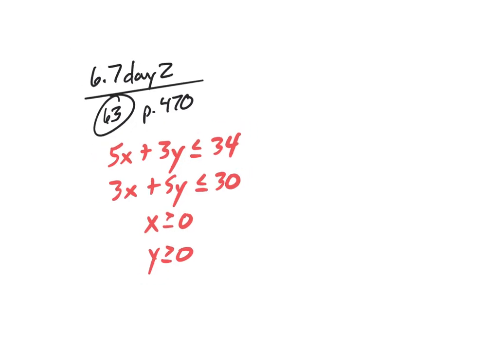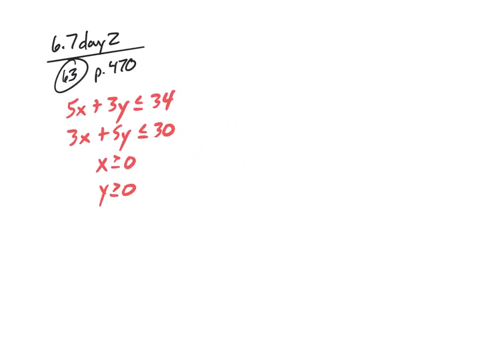This is very similar to the one that we did at the end of the lesson on Friday. We have x and y greater than or equal to 0. When I see x and y greater than or equal to 0, especially when we do our ones tomorrow with some story problems, that's telling us that x and y have to be 0 and above. So basically that limits us to the first quadrant of the graph.